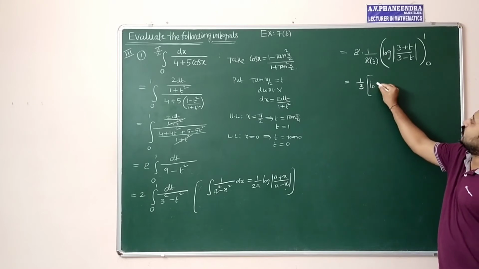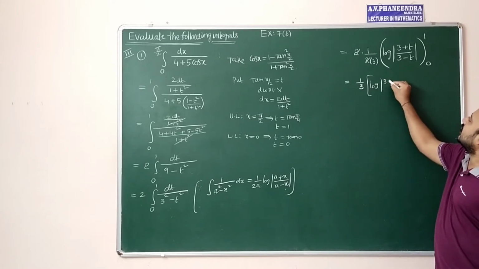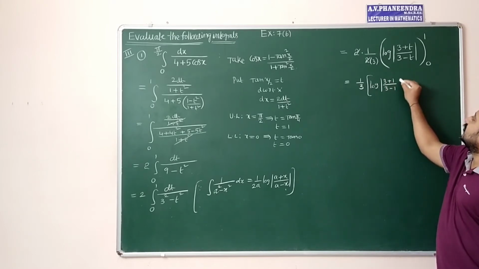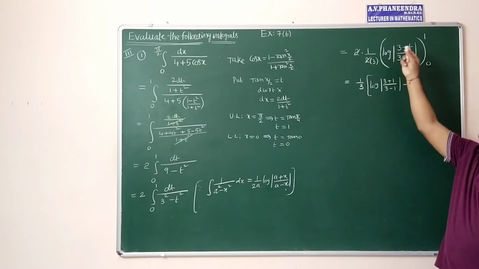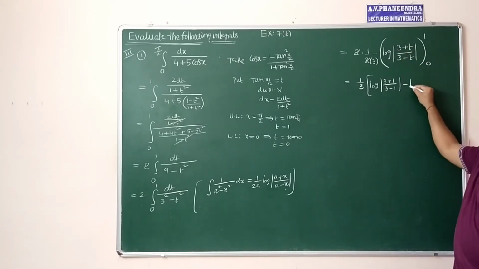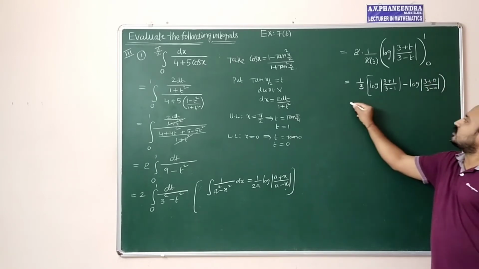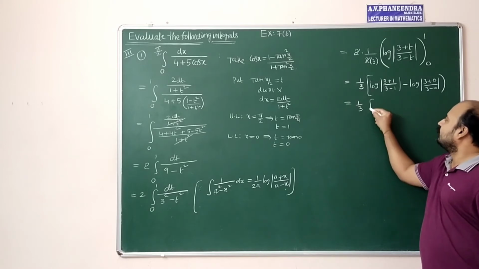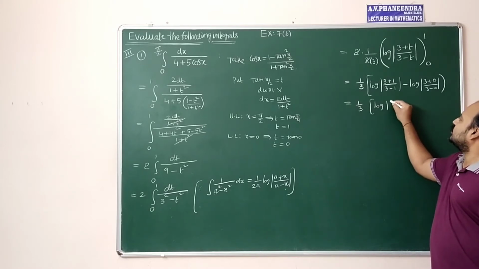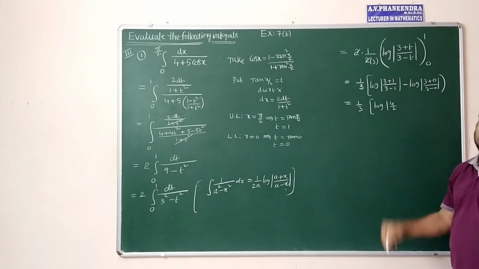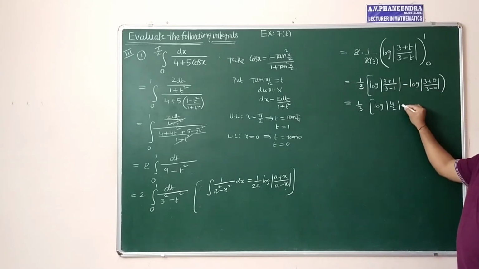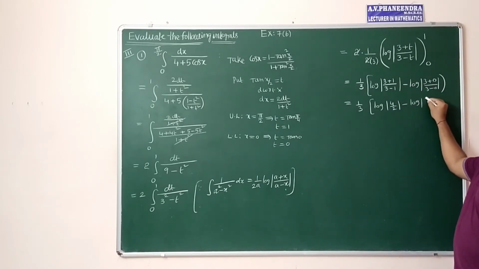Therefore, log mod 3 plus 1 divided by 3 minus 1, minus the lower limit: wherever t is there, substitute log mod 3 plus 0 divided by 3 minus 0. So now it becomes 1 by 3 log 4 divided by 2, because 3 plus 1 is 4, 3 minus 1 is 2, 4 by 2, minus log 3 by 3.